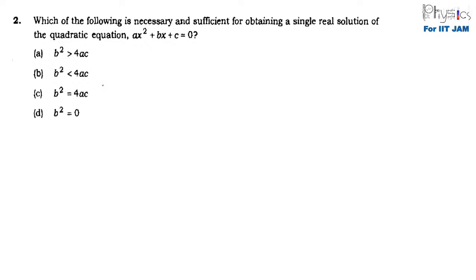Options are option A, b square greater than 4ac, option B, b square less than 4ac, option C, b square equal 4ac, and option D, b square equal 0. So tell me which will be the correct option.